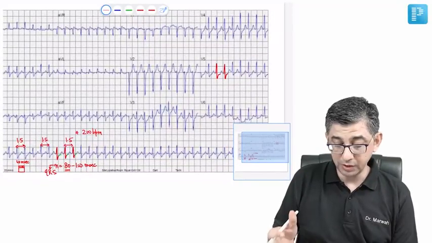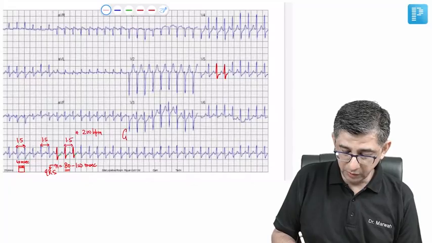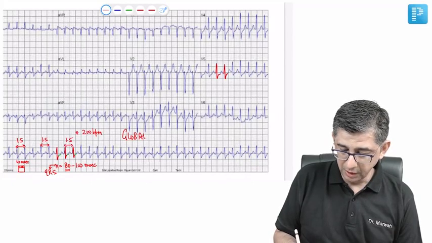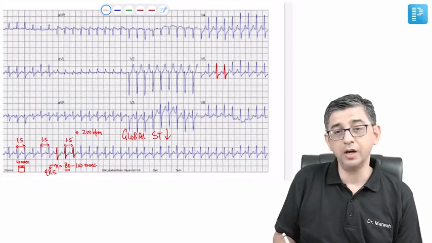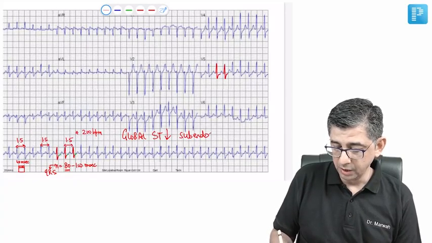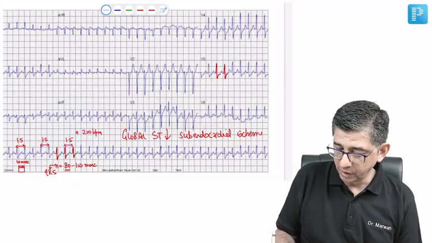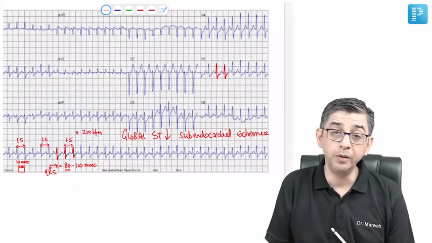This is happening because the heart is beating too fast. Lots of times you read this phrase, global ST depression. Global ST depression primarily means that there is evidence of subendocardial ischemia. Because there was a sudden acceleration of the heart rate, the demand of the heart is more and the supply is limited.